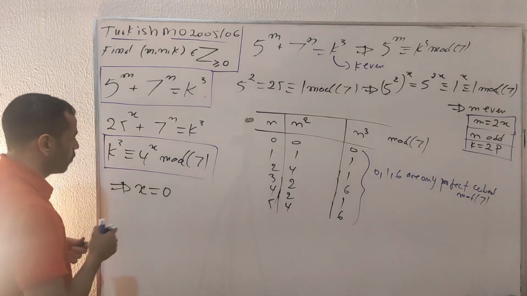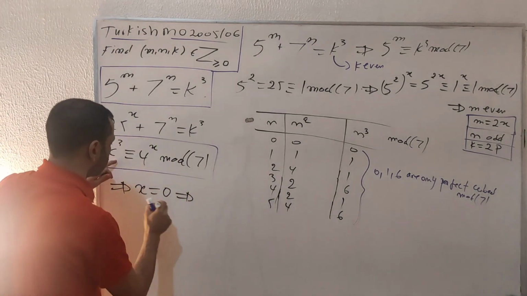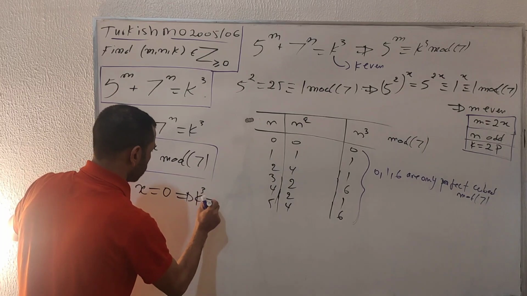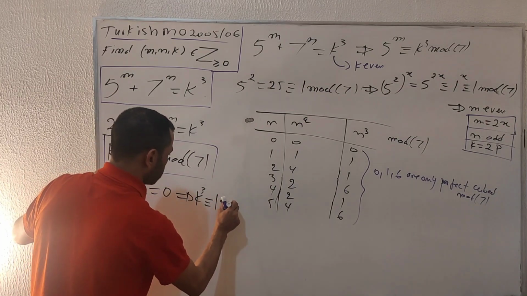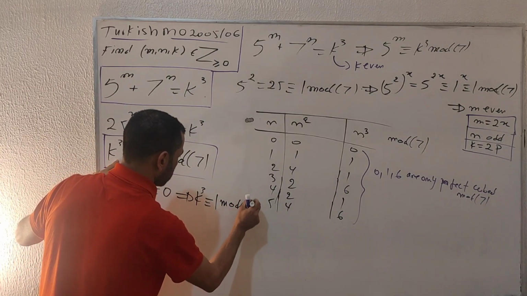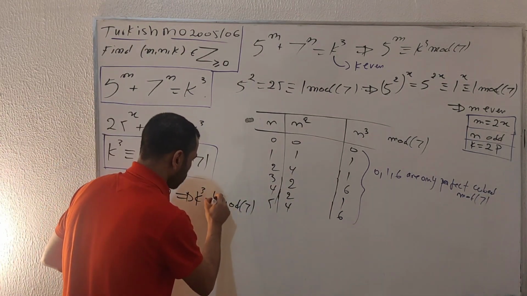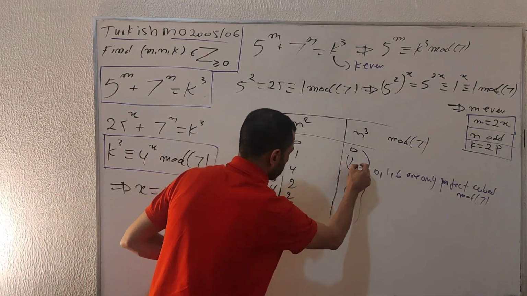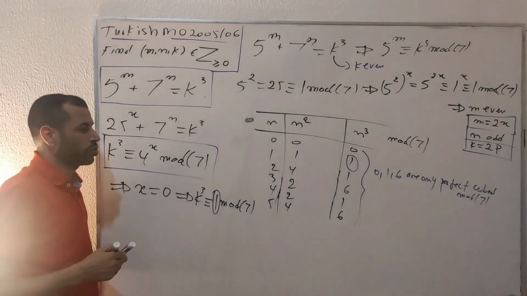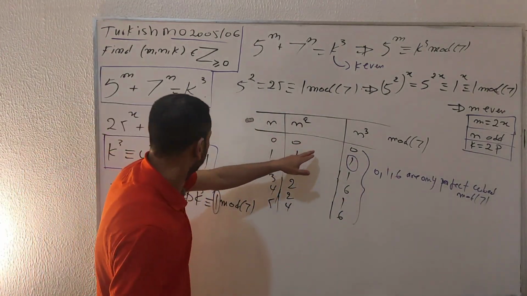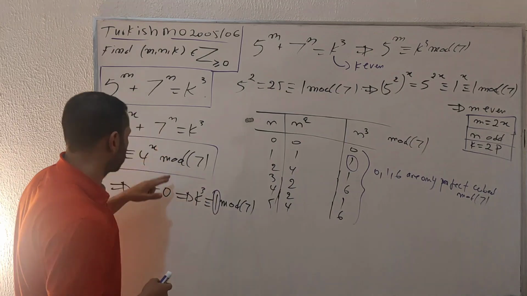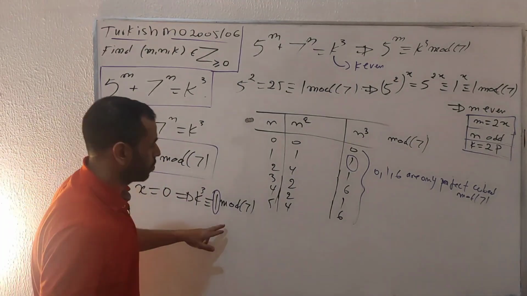If x equals 0, then k cubed is congruent to 1 mod 7, which means this number 1 here is the same as this number 1. So k cubed and 4 to the x have the same remainder, which is 1.